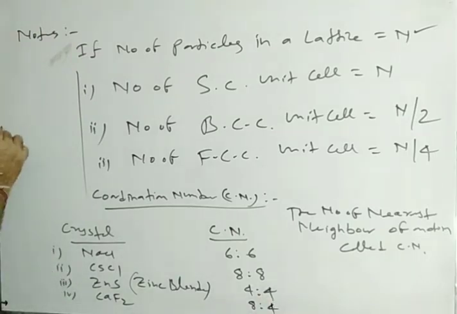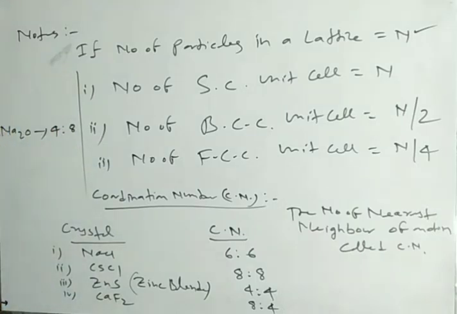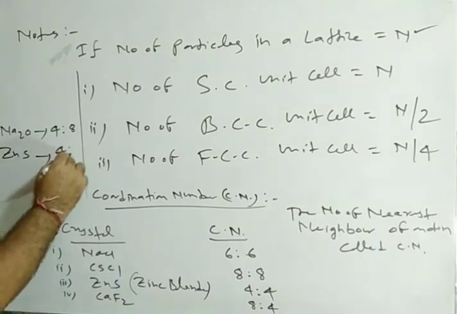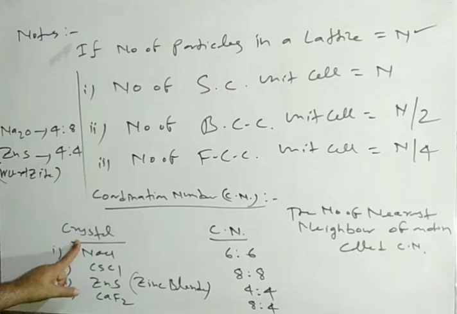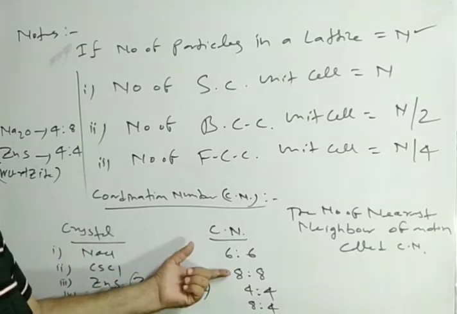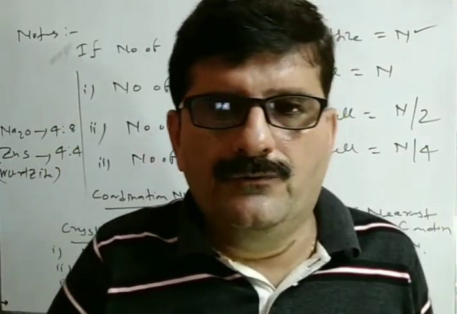Similarly, for Na2O, sodium oxide, 4:8. And lastly ZnS 4:4, this has become wurtzite. So if crystal system are known and coordination number also become known, then we can predict the geometry of following pattern of crystalline substance.